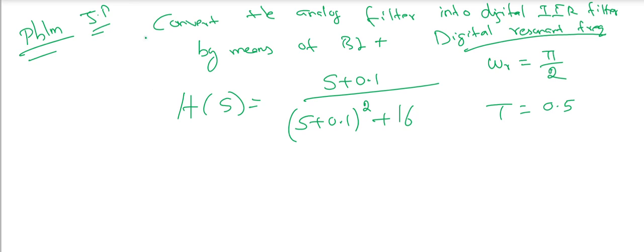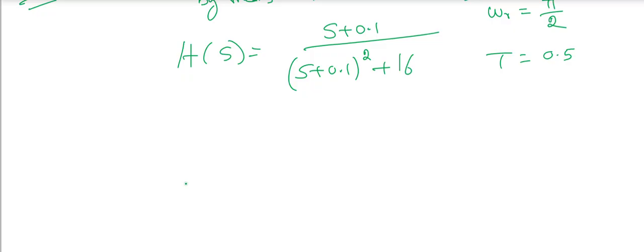Now for the given specification, the first step is pre-warping. That is omega c is equal to 2 by T tan omega by 2.